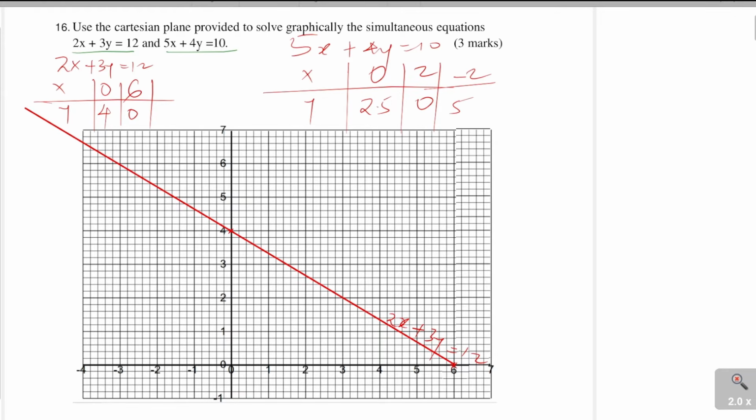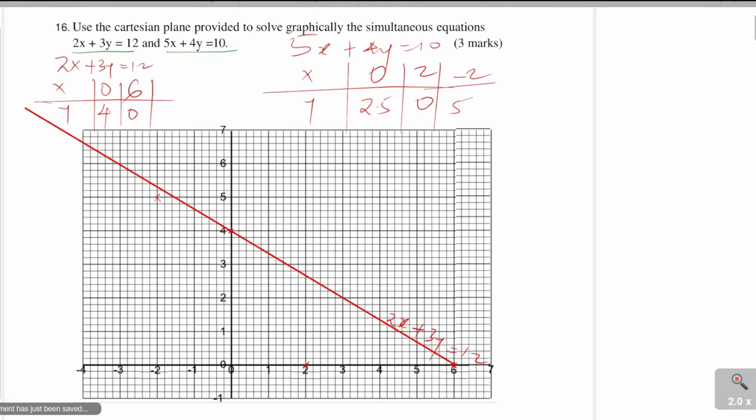So (2, 0) is here. And then you have (-2, 5). So (-2, 5) is here. So this is the point here.